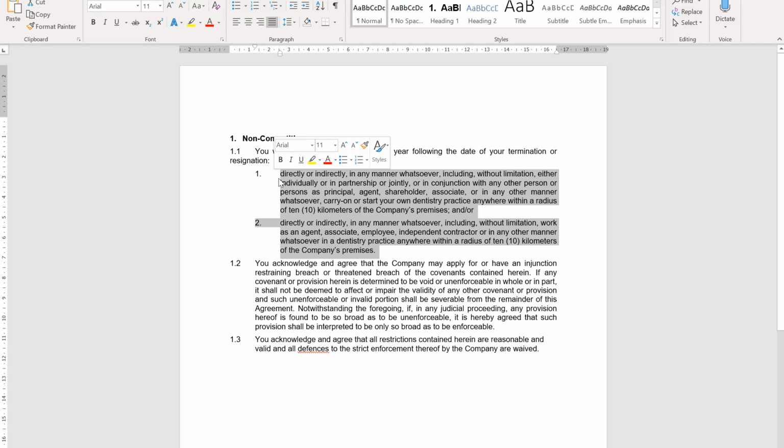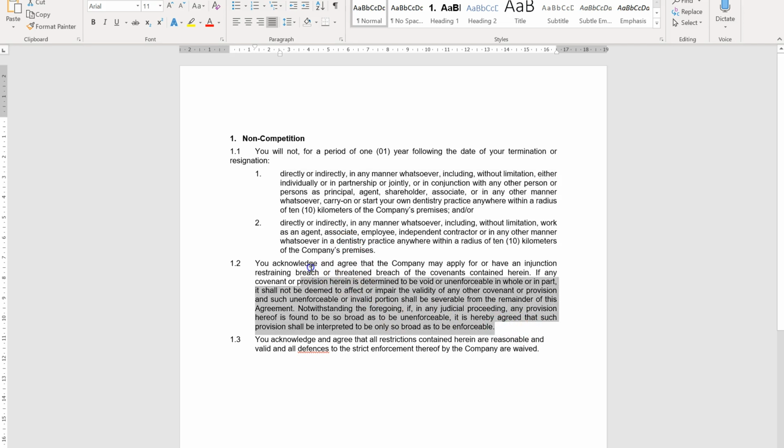It limits your ability to start your practice either directly or indirectly, or even work as an agent, associate, employee, or independent contractor of another dentistry. So is that clause reasonable? The court is going to look at it closely, minutely, and then determine whether the temporal limit is reasonable, whether the geographical limit is reasonable, and whether the activities being prevented are reasonable, right?